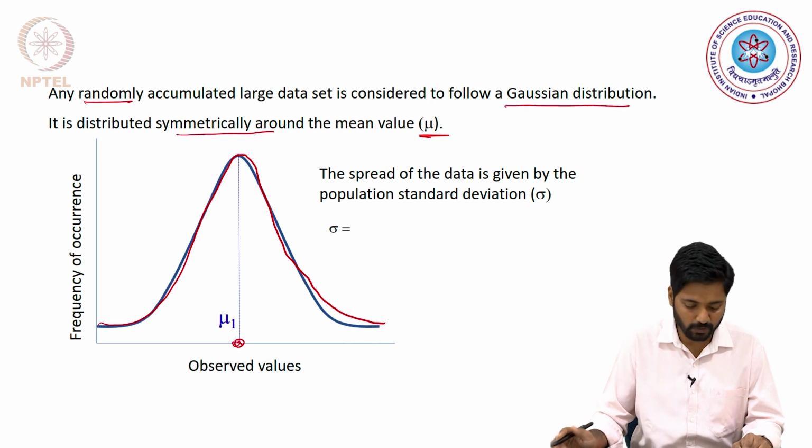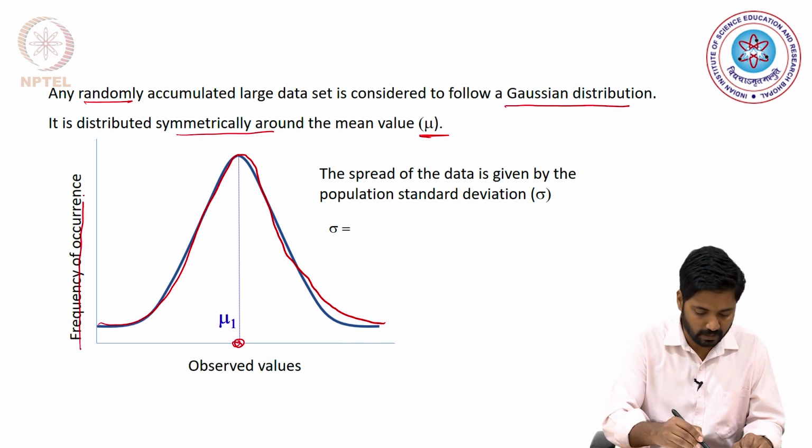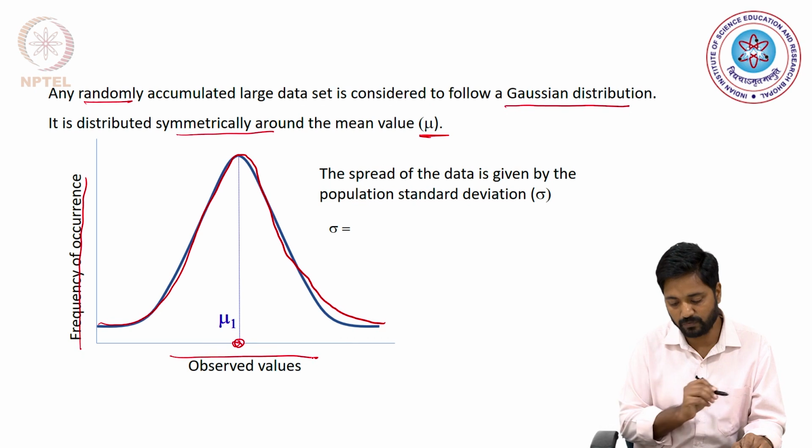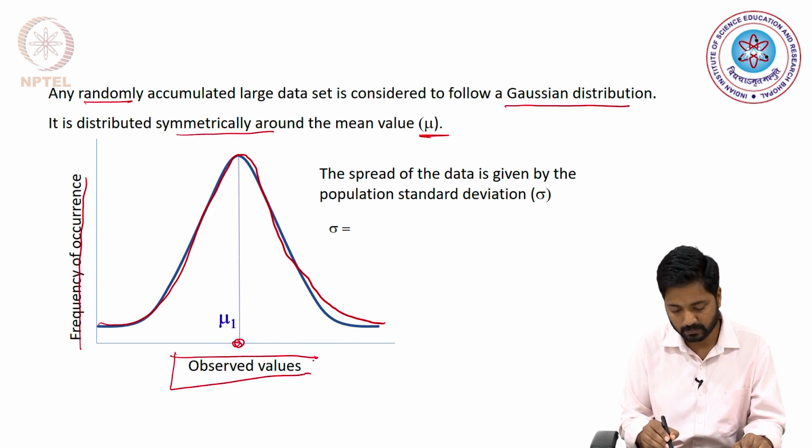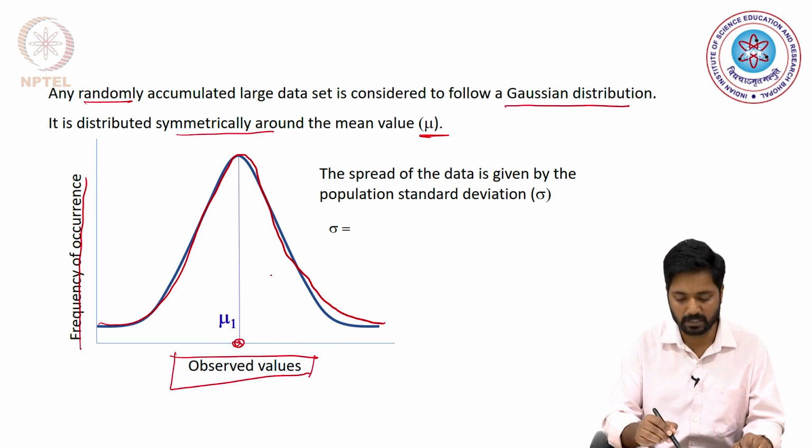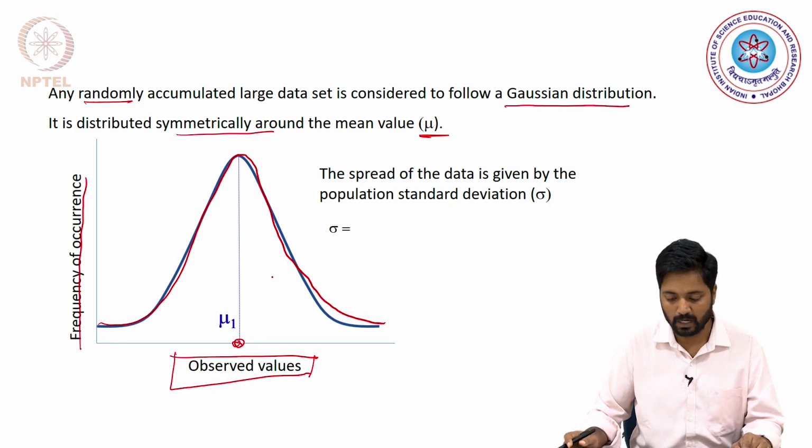So when we plot the frequency of occurrence versus the observed values, we get this Gaussian profile. From this Gaussian profile, it becomes easy to analyze the data through mathematical formulae.